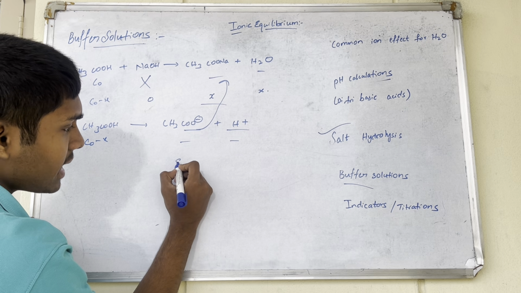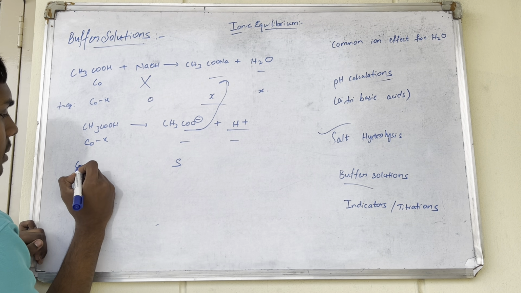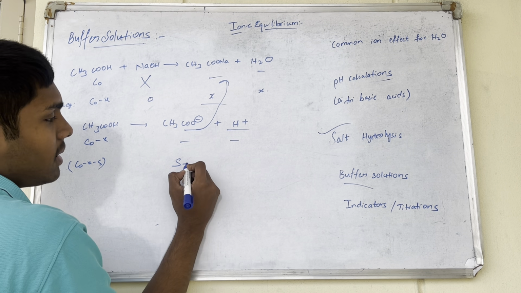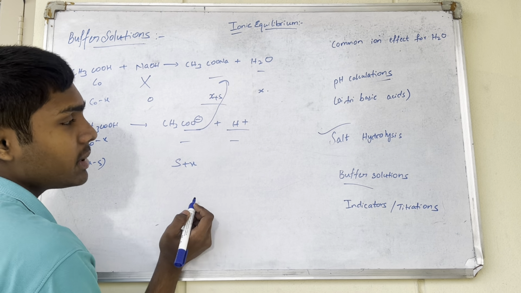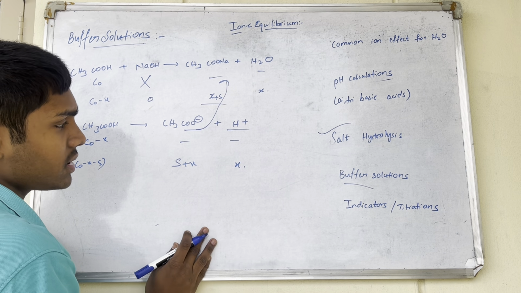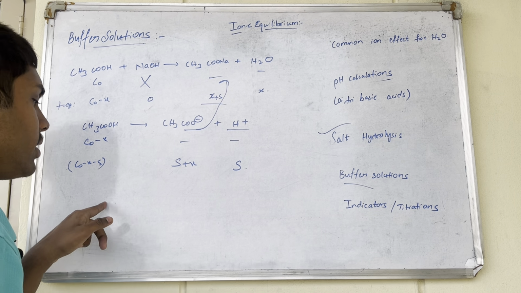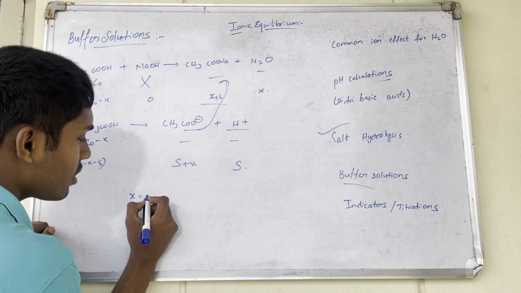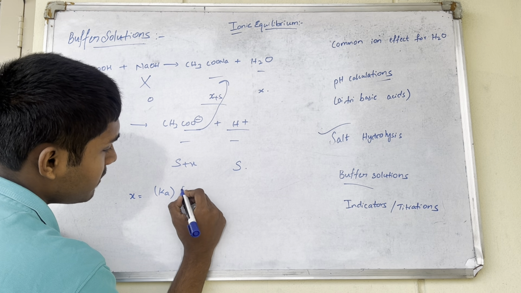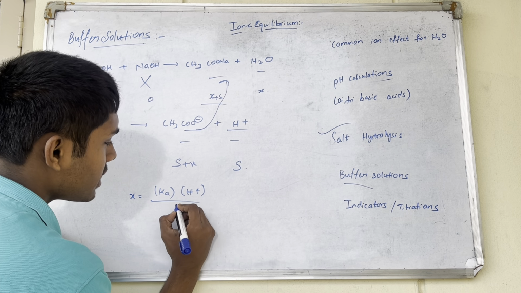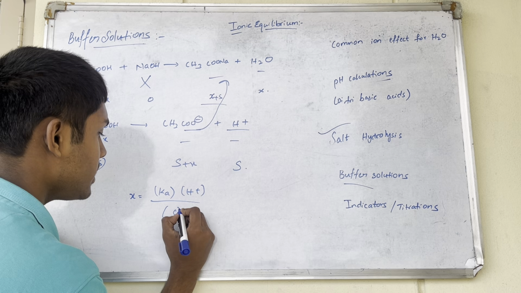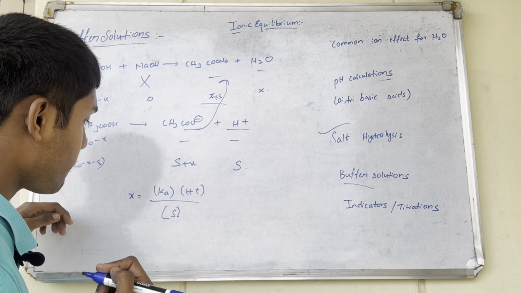Suppose it was S concentration, this is C0 minus X minus S, plus X, plus S, and this is X concentration, S concentration. If you find X by solving them, you get X equal to K times H plus by the salt concentration, which is S.